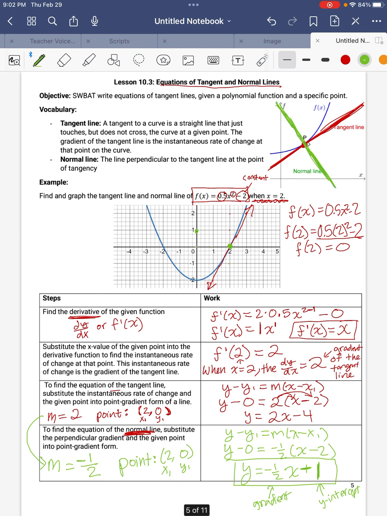Down 1 over 2. So I can now connect the points that I plotted. And looks like a 90-degree angle to me. And it's still going through that point when x equals 2. So we can feel pretty confident that we crushed it.